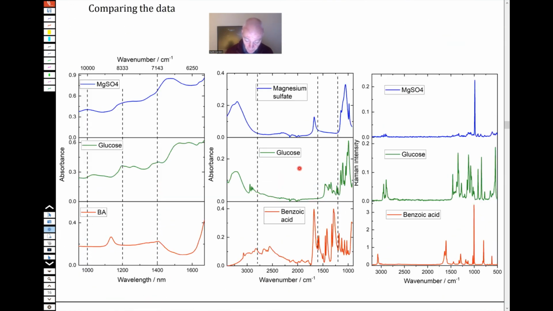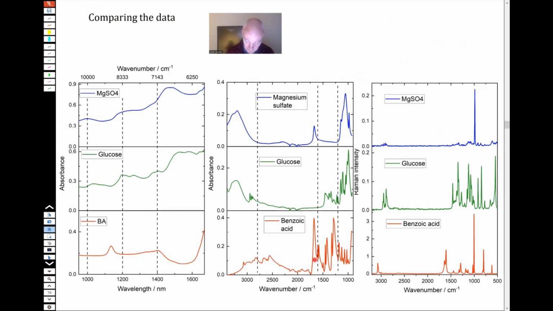And this just compares all of the data. So let's just take a moment to have a look at this because I think it's quite informative. A couple of things to realize, right? The really interesting thing: look how different the spectra are in the three different techniques. This is what gives it power. Basically, the experiment that you're doing, we call it a multi-mode experiment.